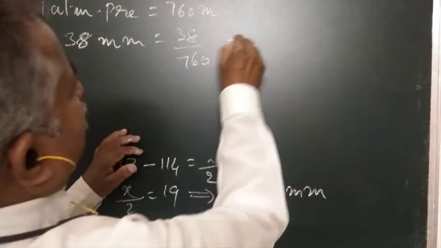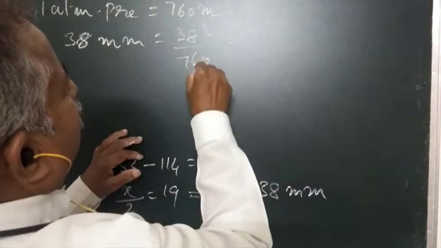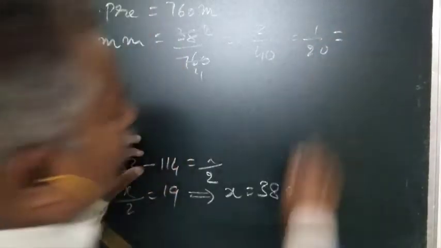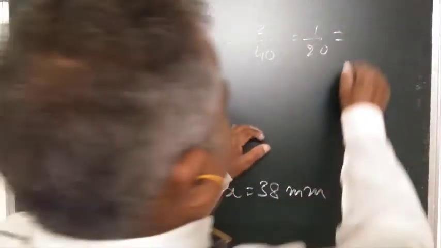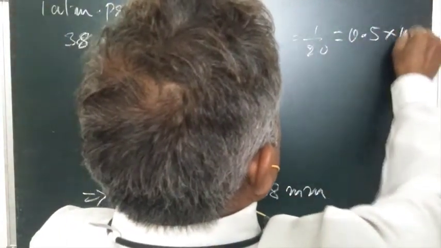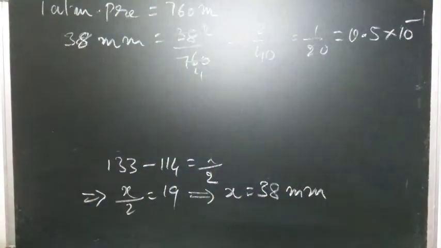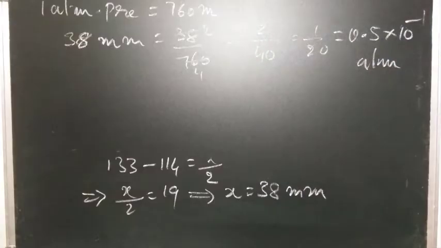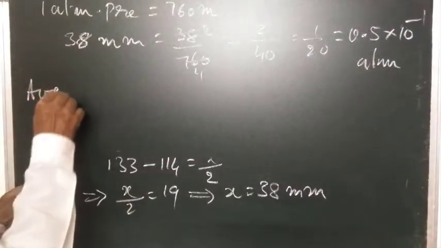So this is nothing but 1 by 20, equal to 0.5 into 10 to the power minus 1 atmosphere.